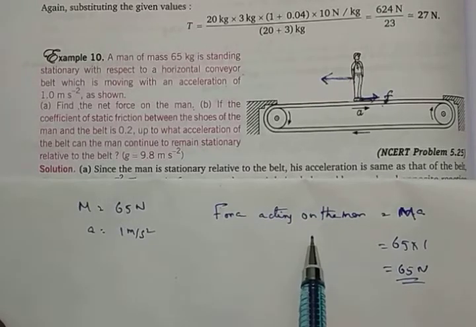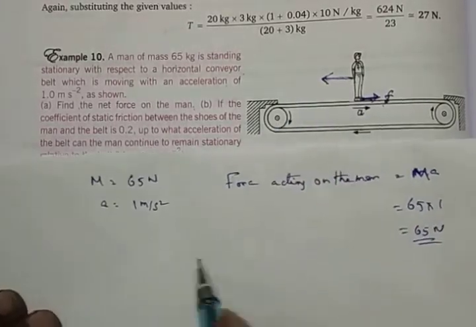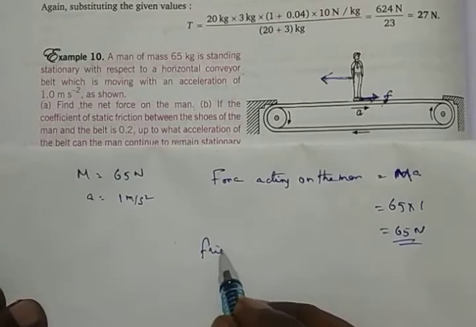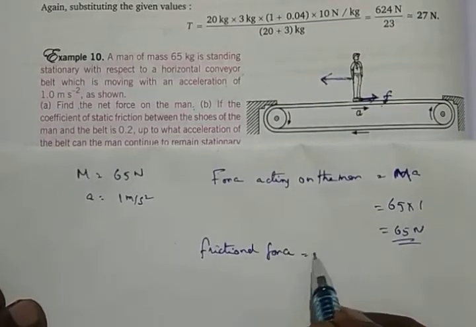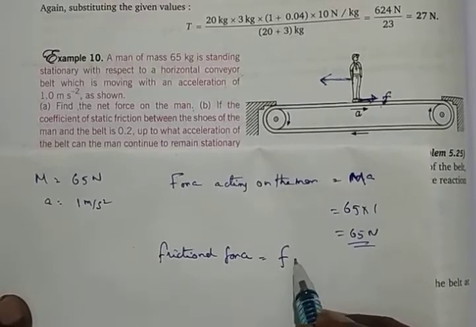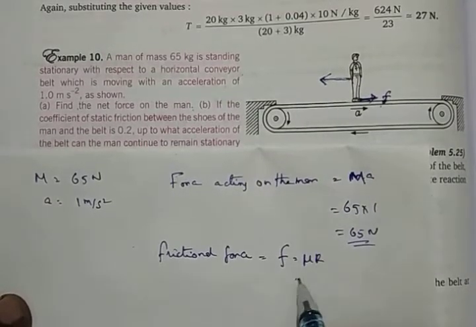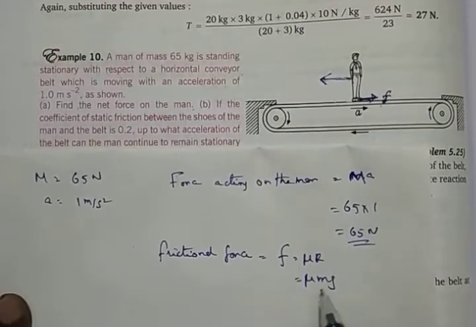This is the force, and it will be acting backward. Next line is frictional force, small f equal to mu into R, mu into m into g.